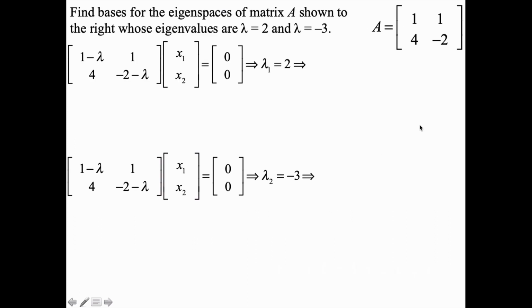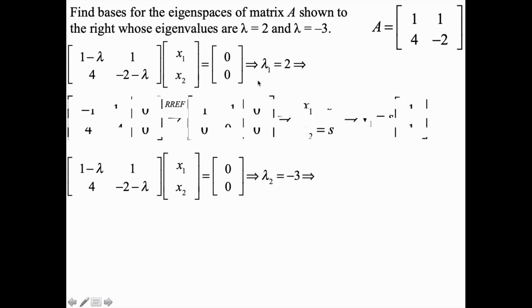So again, now we want to find the bases for the eigenspaces, so we can just take a member from that family and make the columns for matrix P. Remember, the columns of matrix P are linearly independent eigenvectors from each eigenvector family. If you put each eigenvalue into this system, substituting the lambdas, you will find your eigenvector families. So the first one is an easy thing to take the reduced row echelon form of to get this structure.